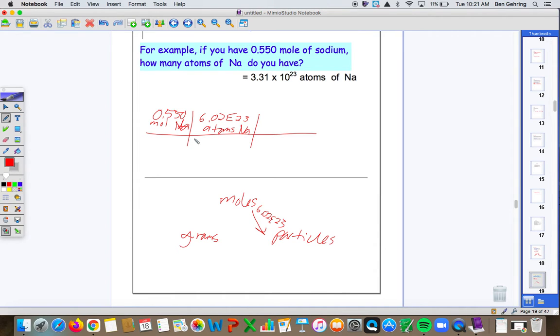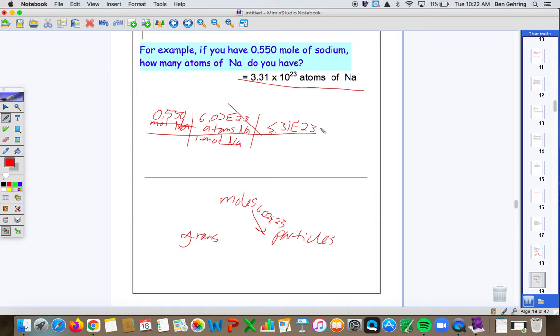On the bottom is going to be 1 mole of sodium, and you see that 1 mole of sodium here and 1 mole of sodium here can cancel. So those disappear, and you calculate, and 0.550 times 6.02 times 10 to the 23rd should give you the answer shown up here, which is 3.31 times 10 to the 23rd.